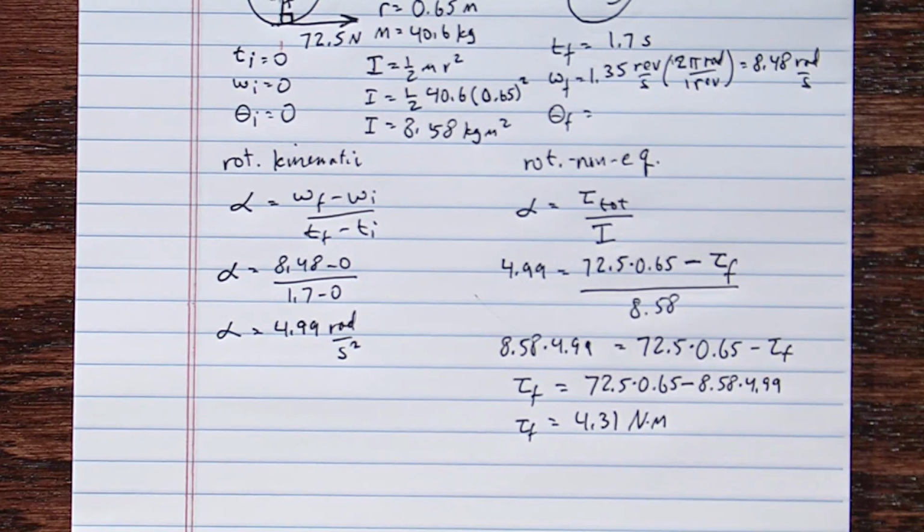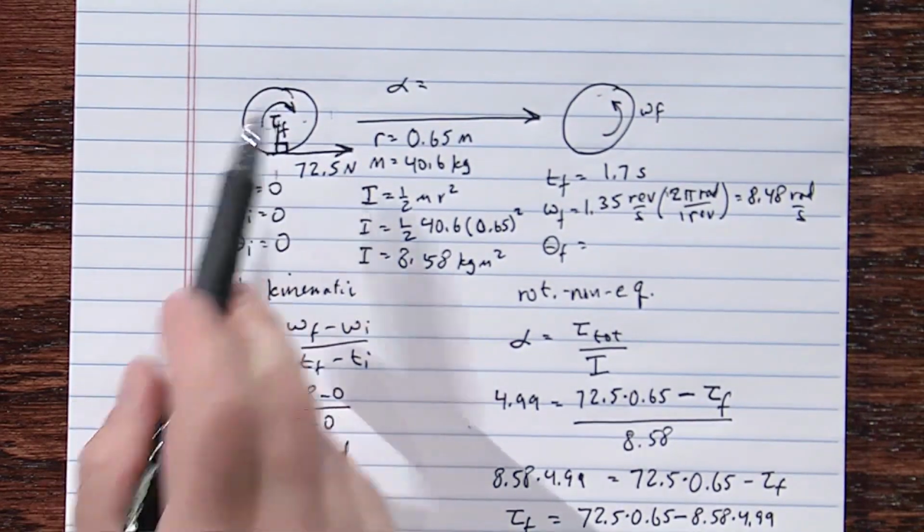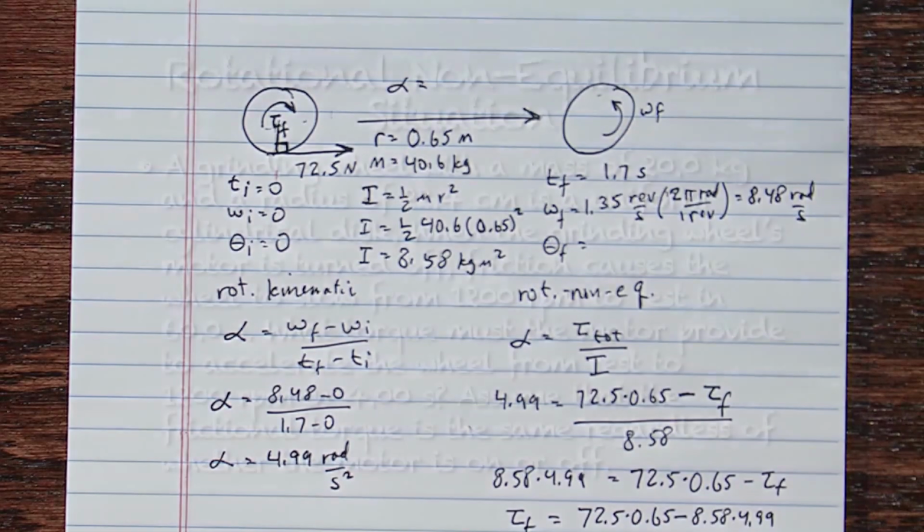So the question that we were asked is, what is the frictional torque? The frictional torque is 4.31 Newton meters, and as we've diagrammed it, clockwise. It is clockwise, not counterclockwise. So in the clockwise or negative direction. Remember, clockwise is negative.